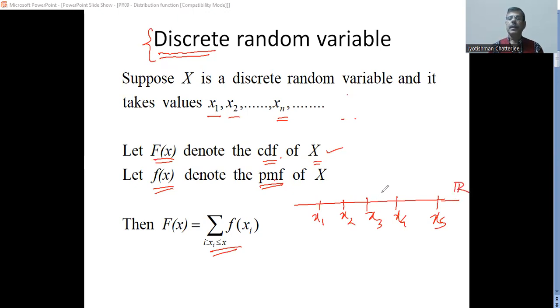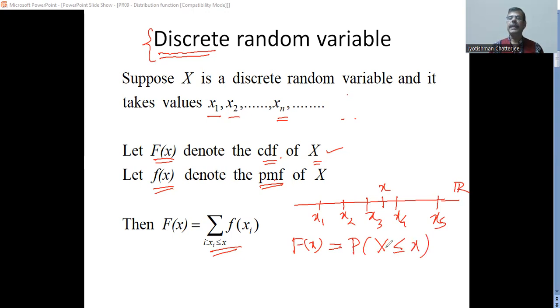Now, here is your point x, and you are trying to compute Fx. x is here, between x3 and x4. What is the definition of Fx? It is the same as probability of capital X less than or equal to x.